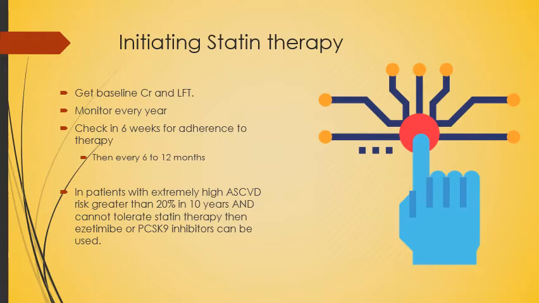So check in 6 weeks after initiating for adherence to therapy, making sure you see some sort of response of their LDLs, and then you can check every 6 to 12 months afterward. In patients with extremely high ASCVD risk, so that's greater than 20, and they can't tolerate a statin therapy, right, because of the myopathies, then ezetimibe or PCSK9 inhibitors can be used at that point.